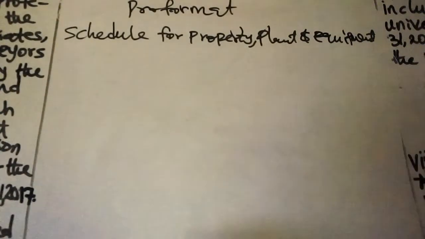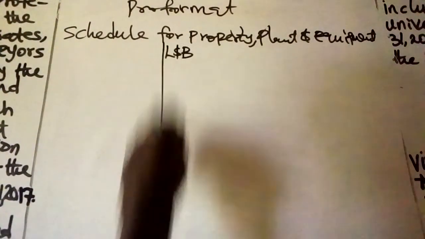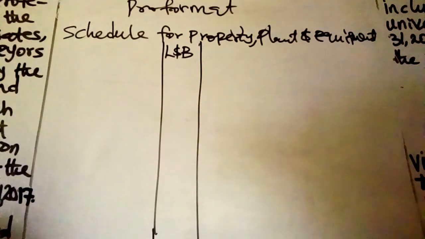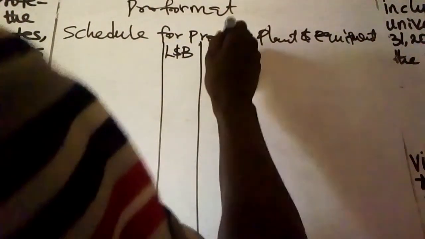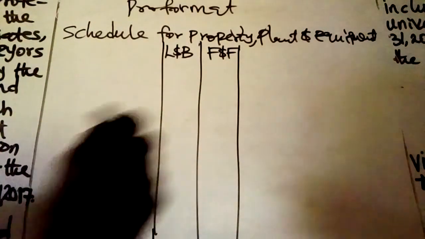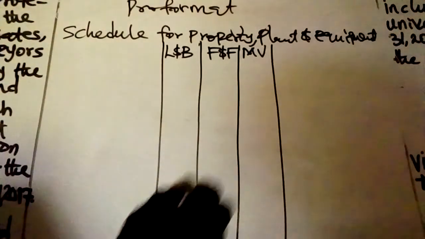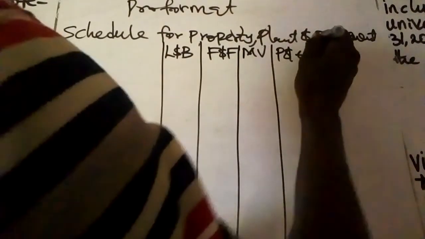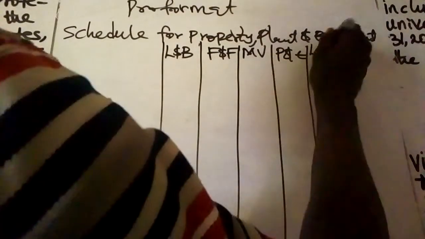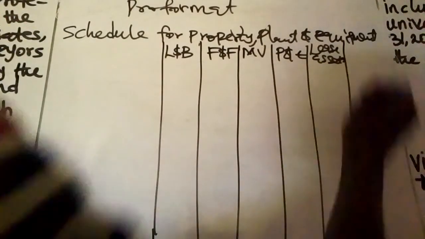So now let's assume you have land and building, then furniture and fittings, motor vehicles, plant and equipment, leased assets, and let's have the total.